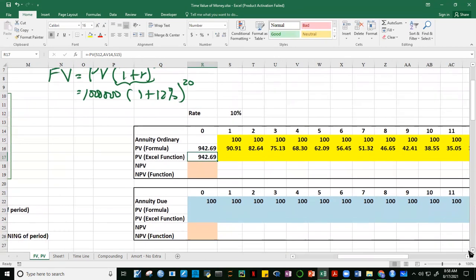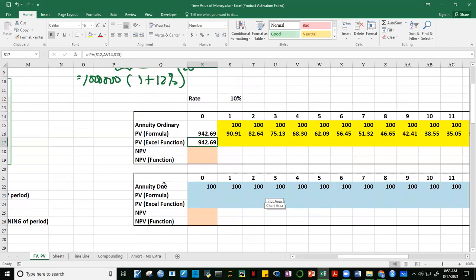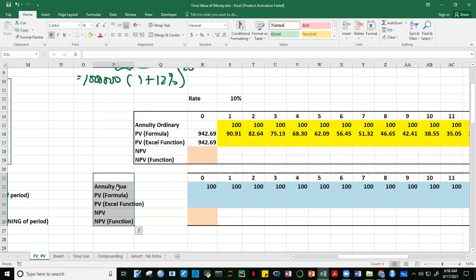Okay, now let's compare that with the, dapat meron akong space dito. I'll just move this here. Dito kukunin yung present values. So let's get the present values. This is equal to negative PV, the Excel function.